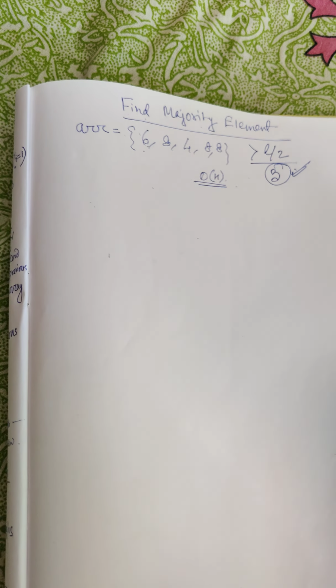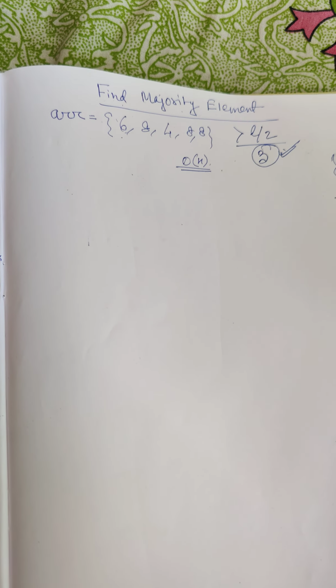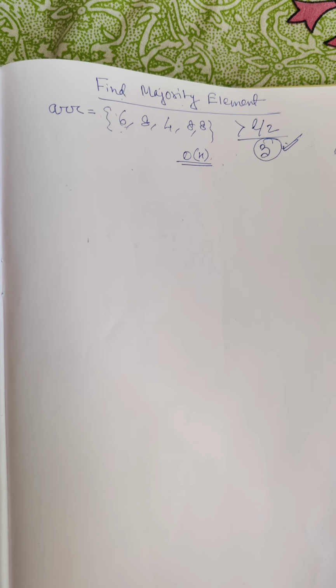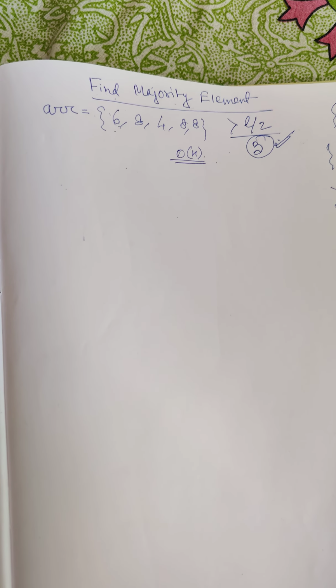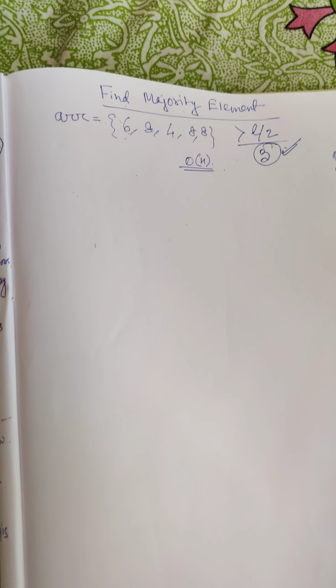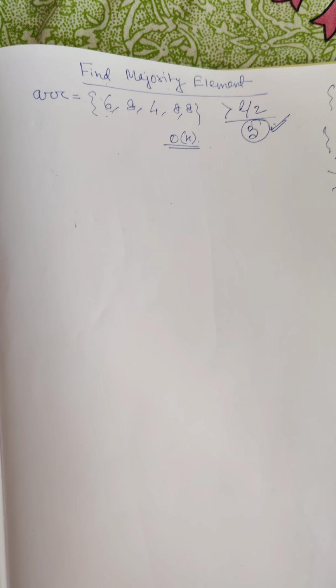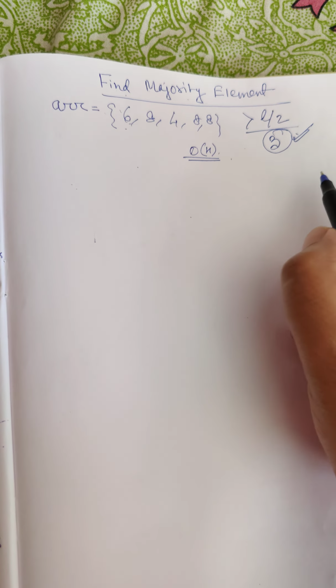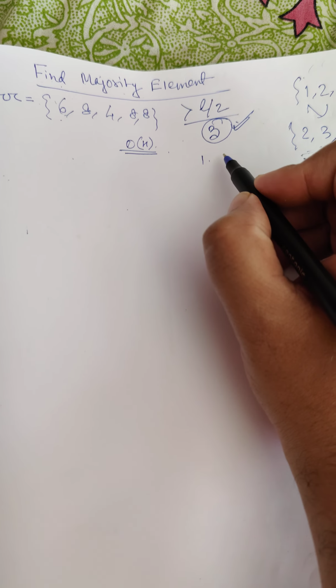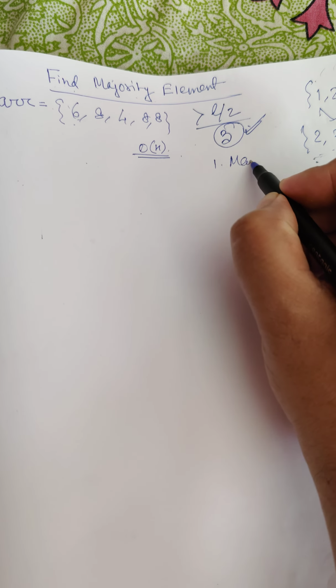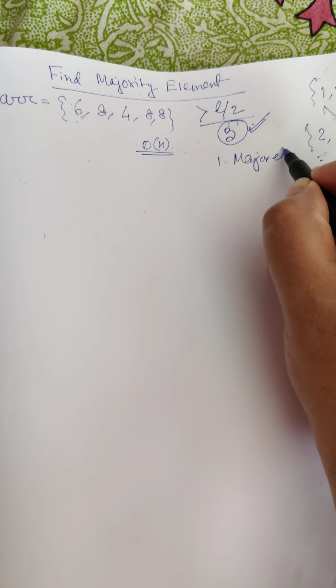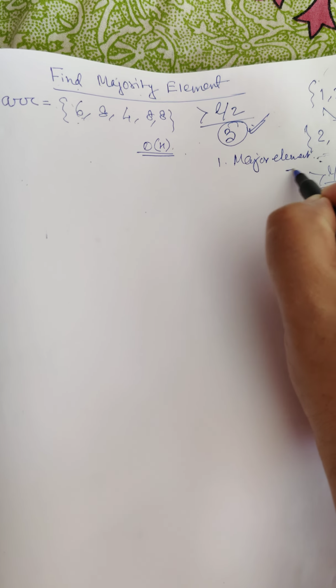So there is an algorithm, a voting algorithm, which can help here, and that algorithm has two parts. In the first part, we decide who is going to be our tentative majority element, but we are not sure about it.